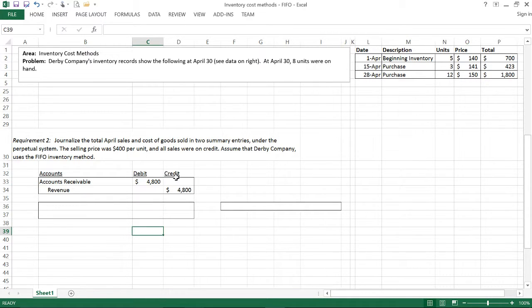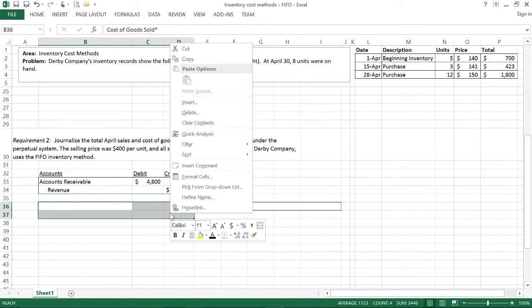And all sales were on credit, so that's why accounts receivable is $4,800. So we made the sale, we didn't receive cash, but we are increasing accounts receivable for that amount. Let's get to the cost of goods sold side of this. So let's take a look at that journal entry here.